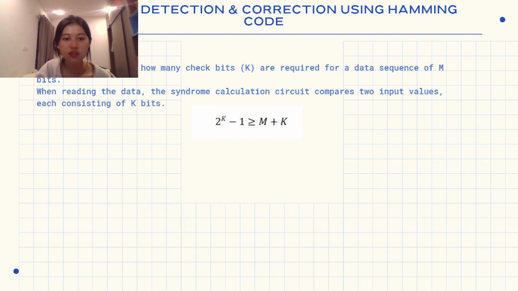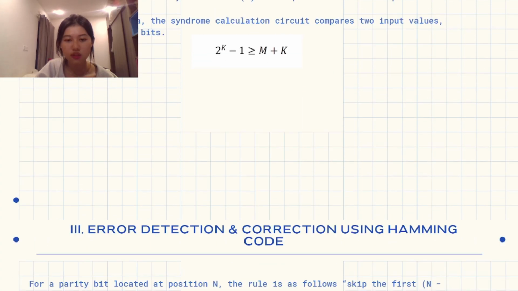It is greater than m plus k, which is 12. So k is okay.